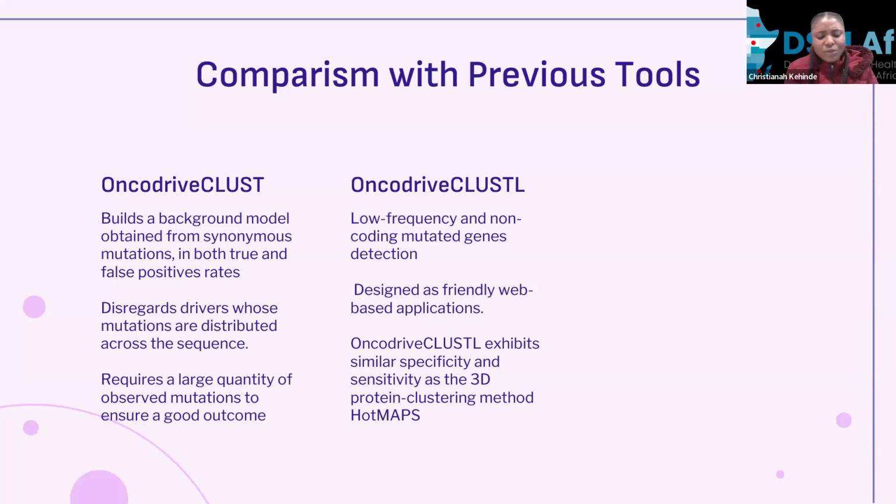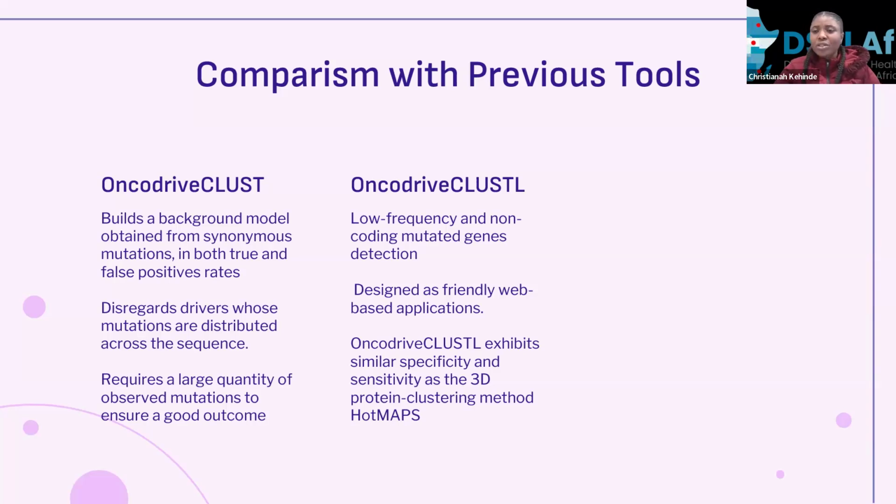And then OncodriveCLUSTL also exhibits similar specificity and sensitivity as a 3D protein clustering method for the hotmaps. So it can identify clusters of truncating or silent mutations. Sometimes it's easy to ignore some of the seemingly not significant or non-synonymous mutations. But the truth is that some of those types of mutations could actually be significant cancer driver genes.